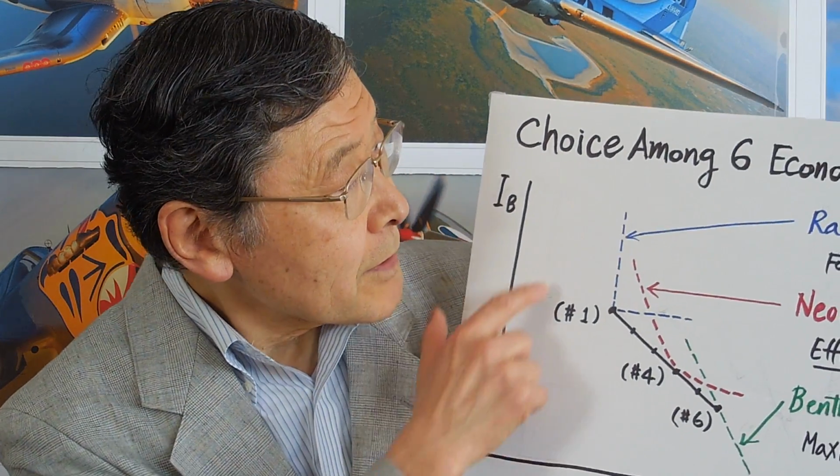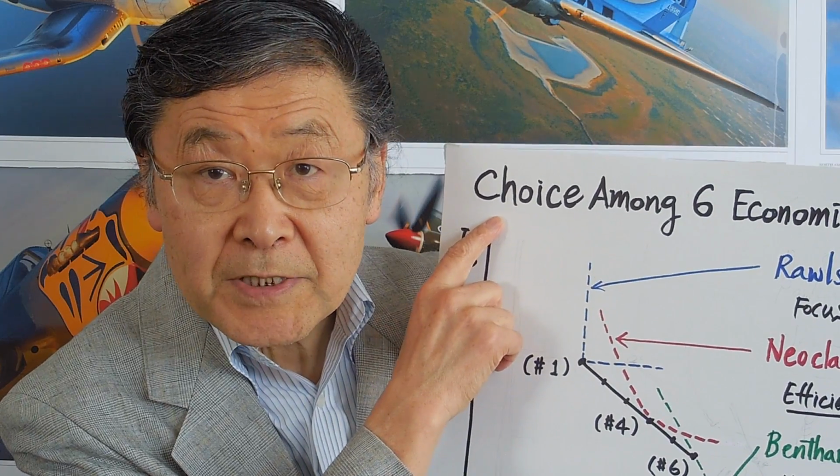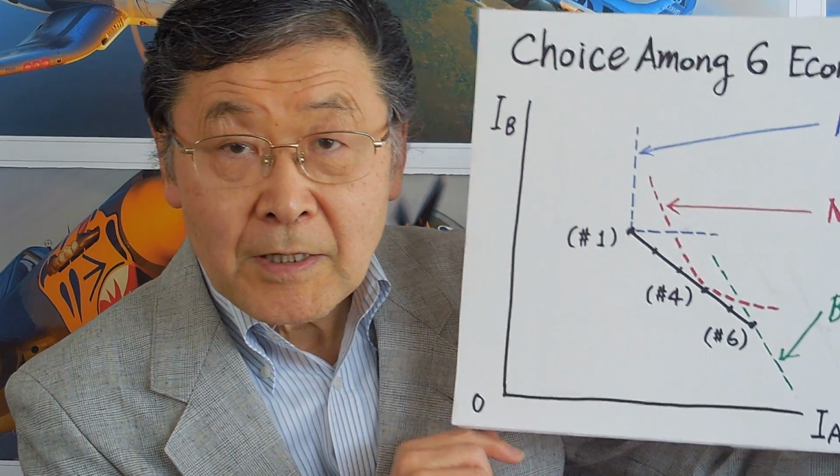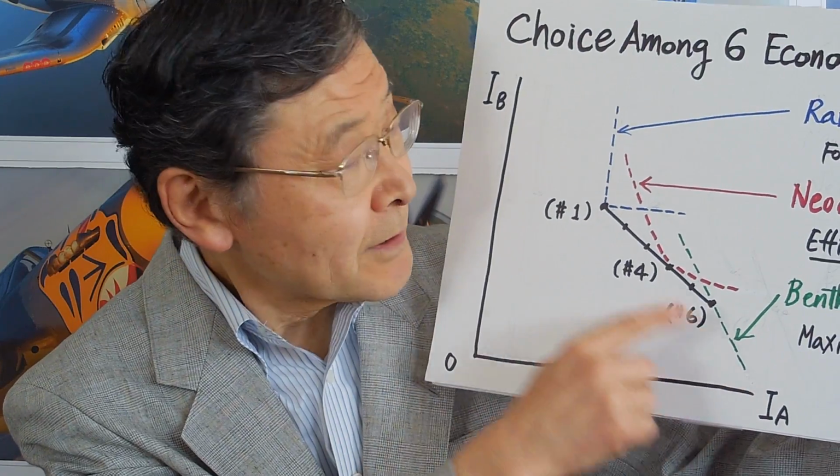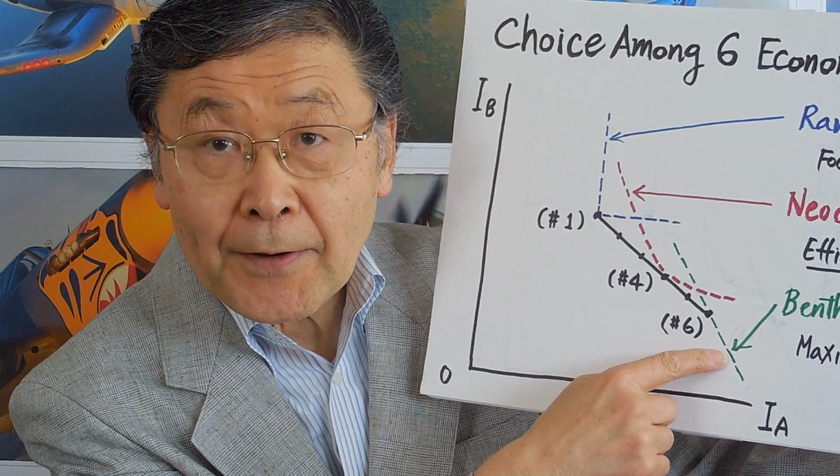By applying this idea, we will understand our own choice among 6 economies. Remember? That was this choice among 6 economies, number 1 to number 6, which happens to be in this graph, these 6 points here.